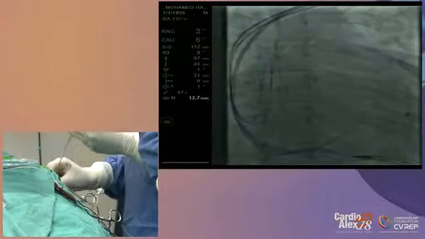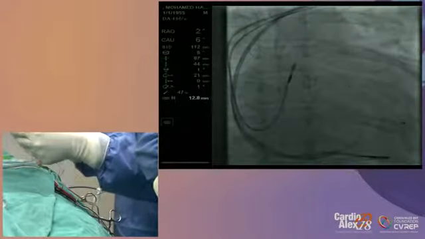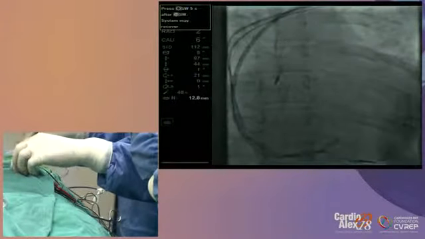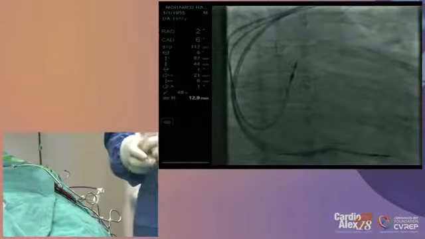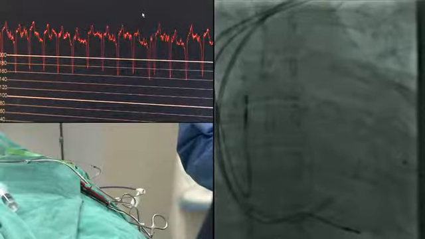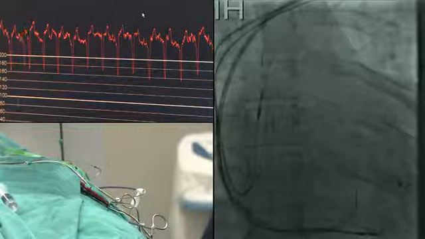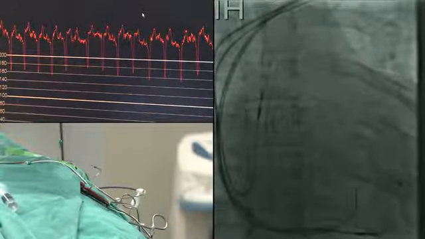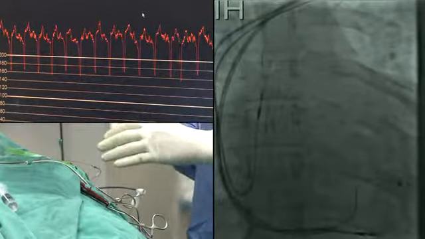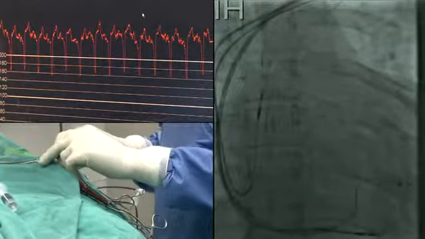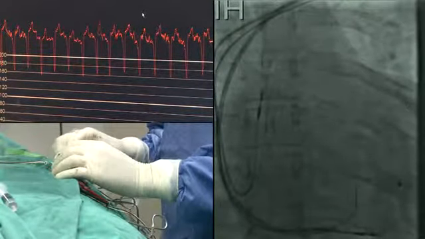Typically we do a surgical lead if we have no endocardial venous access.